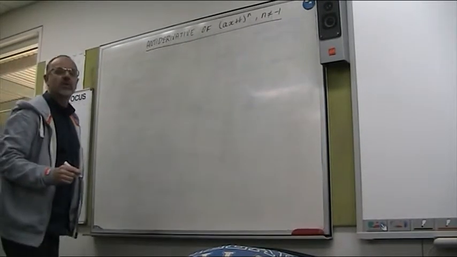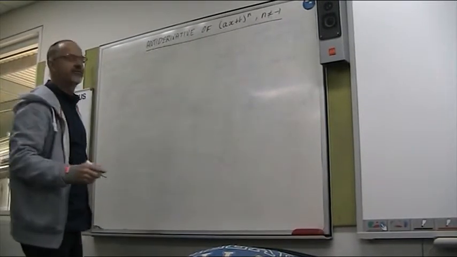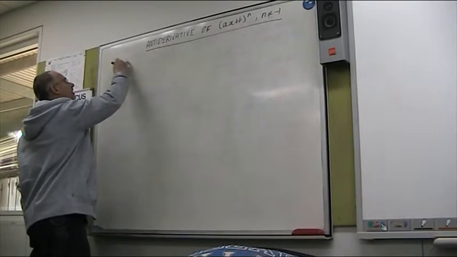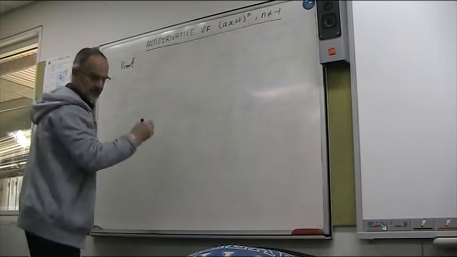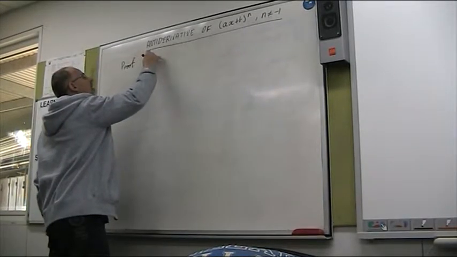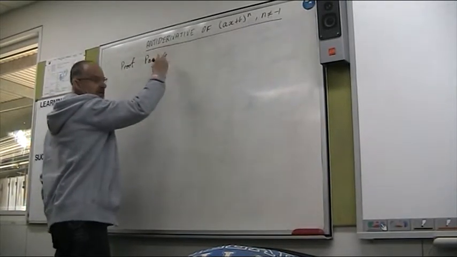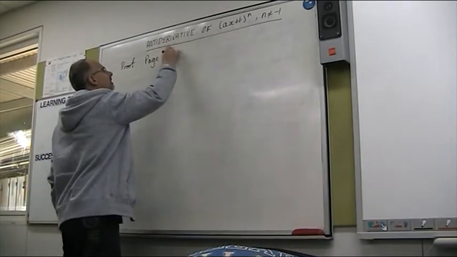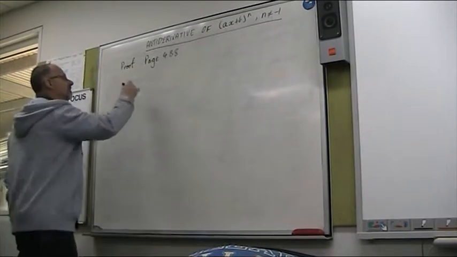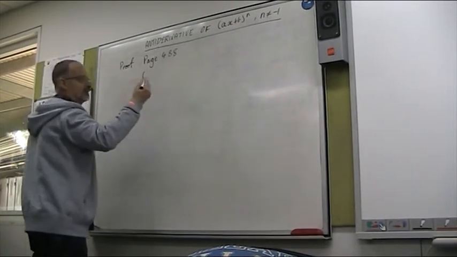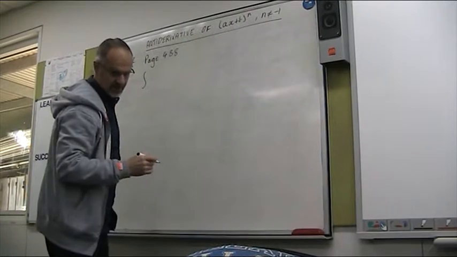If you want the proof of this, if you're desperate for that, you can look at the textbook. But we don't have to be able to prove it, we just have to be able to use it. It is related to what we did the other day.